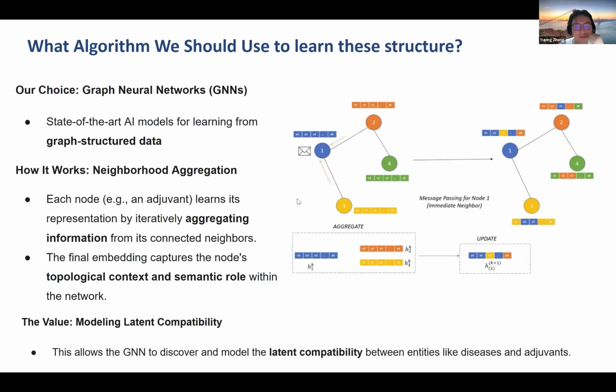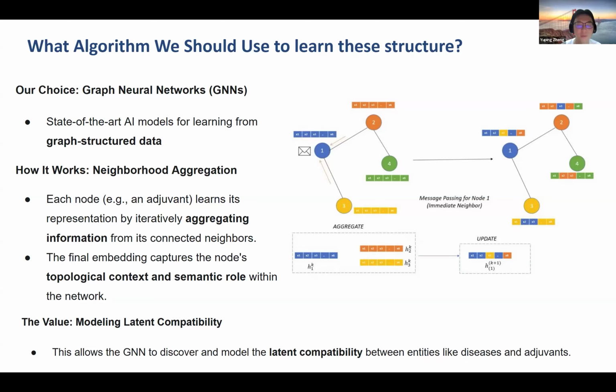From the presentation title, we use graph neural networks. To give a very brief introduction, a graph neural network is a state-of-the-art AI model for learning from graph-structured data. A basic explanation of how it works is that it has many nodes, and each node, like in the previous knowledge graph, represents one kind of entity, like an adjuvant or a disease.